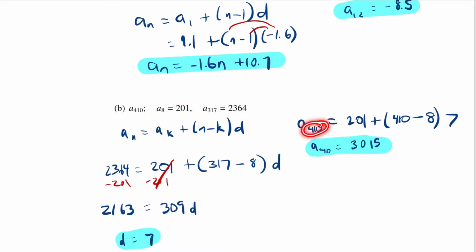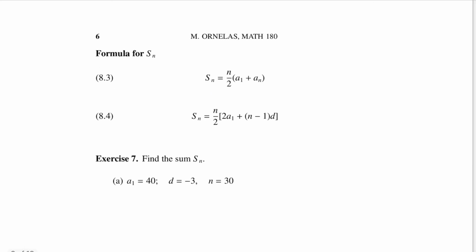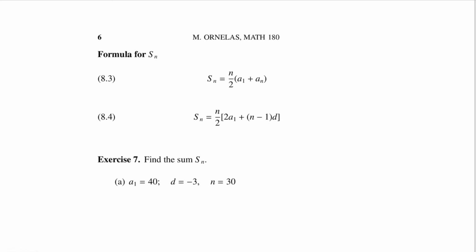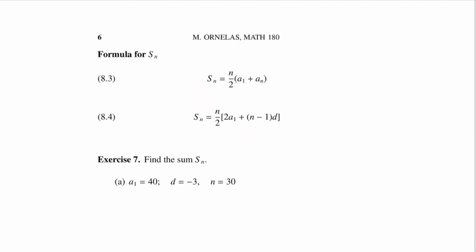So now we're looking at partial sums. So the partial sum is given by this formula, and there's two versions. What you can do is you can use the formula for a sub n, which is a sub 1 plus n minus 1 times d. So they substituted that here, and then they combined like terms, and they ended up with this. So these two formulas are equivalent. You can use either one.